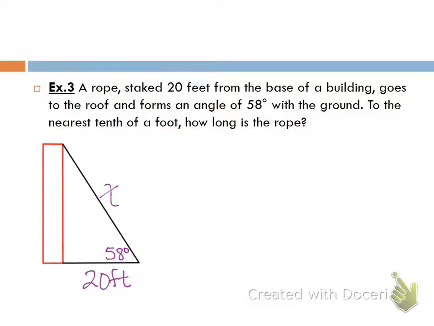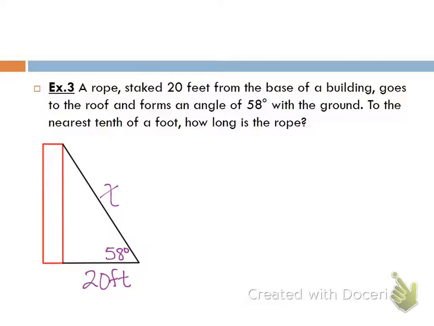Okay. So then comes the fun part. Based on the angle they gave us and the sides that we have labeled, we have to decide which trig function or trig ratio would be appropriate here. So I'm hearing some votes for cosine, some votes for tangent.